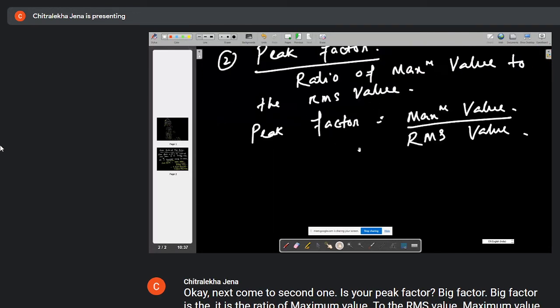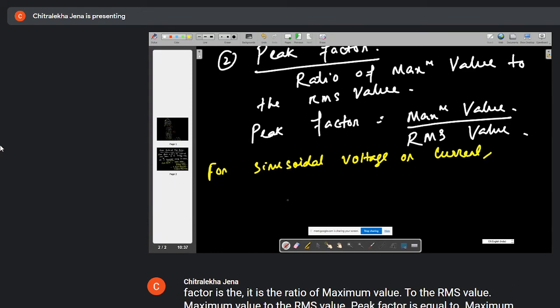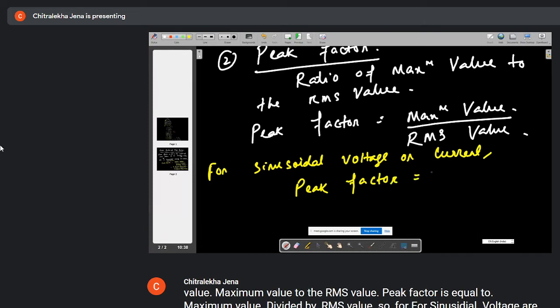So for sinusoidal voltage or current, what will be your peak factor? Peak factor is equal to how much?